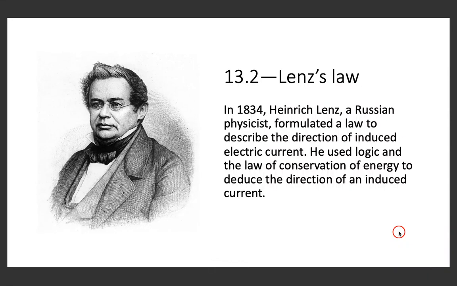All right, now section 13.2 is on Lenz's law. This is named after a Russian physicist who formulated a law in order to determine the direction that an induced current will flow. So let me just go back here.